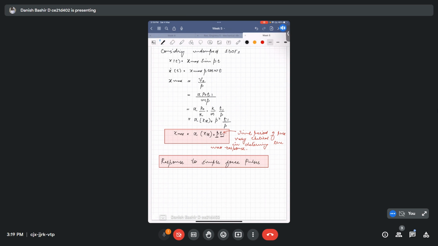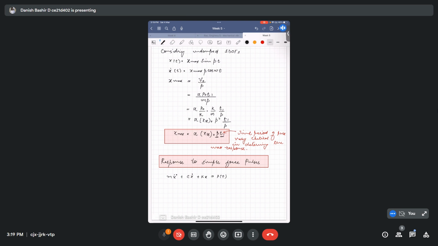For example, this time we are having a harmonic external force also, which is exciting our system. So we will have m x double dot plus c x dot plus k x is equal to p of t. This is the force that we are supplying to our system.